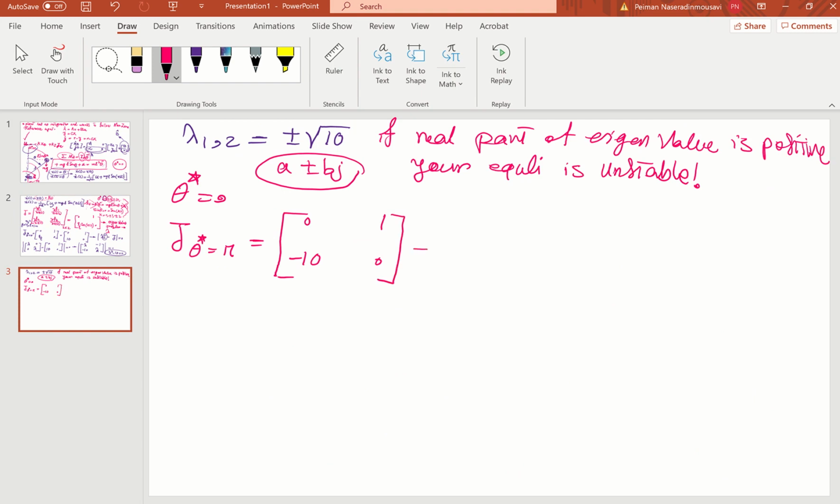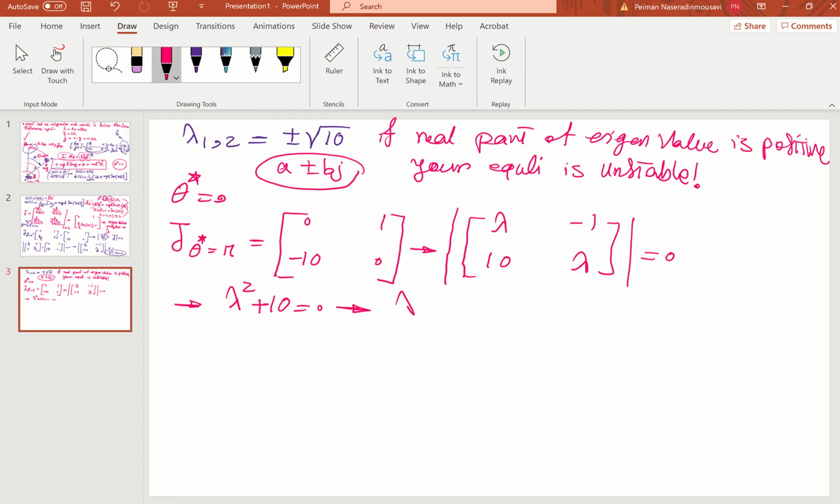If you solve the eigenvalue problem, you get this finally at the end of the day: lambda, minus 1, plus 10, and lambda, determinant 0. So you get lambda squared plus 10 is 0. You have two eigenvalues, plus minus i times the square root of 10.